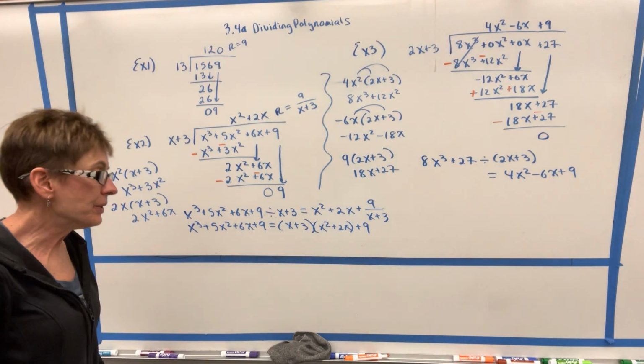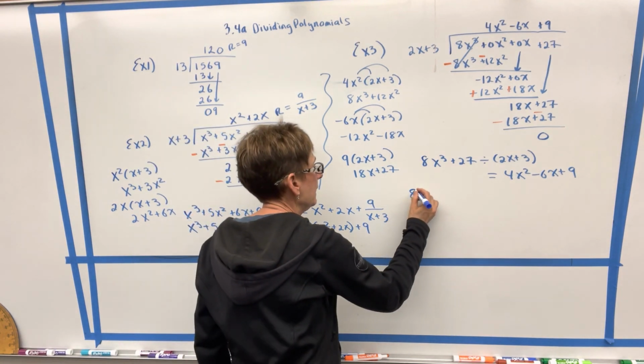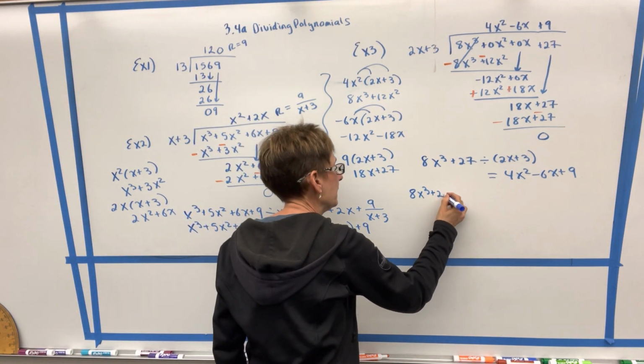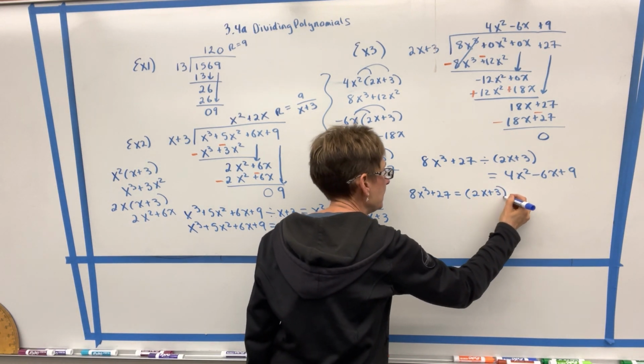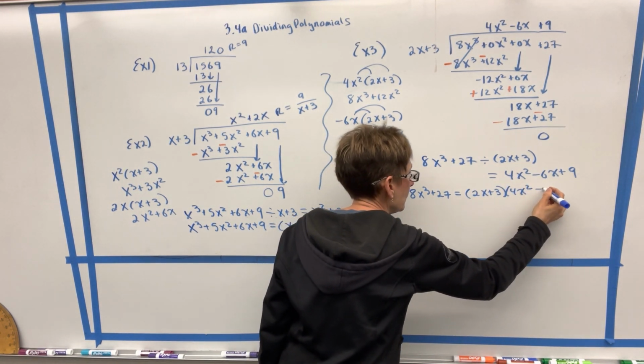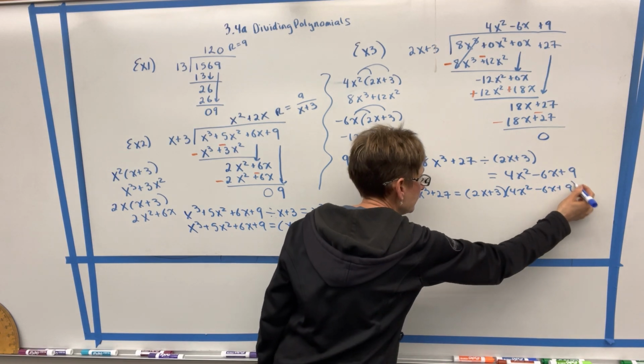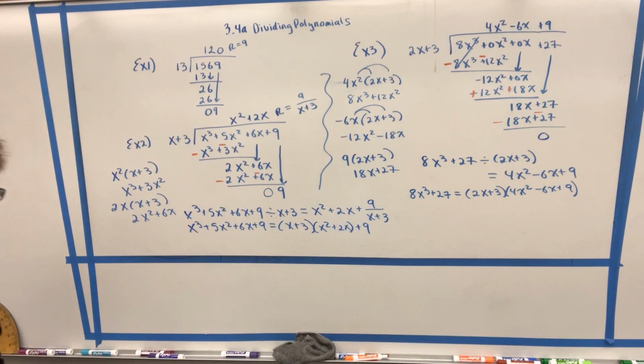But I can also think of it as 8x cubed plus 27 is equal to 2x plus 3 times 4x squared minus 6x plus 9. Both of those facts are true, and both of those facts I can see from the work that I've done.